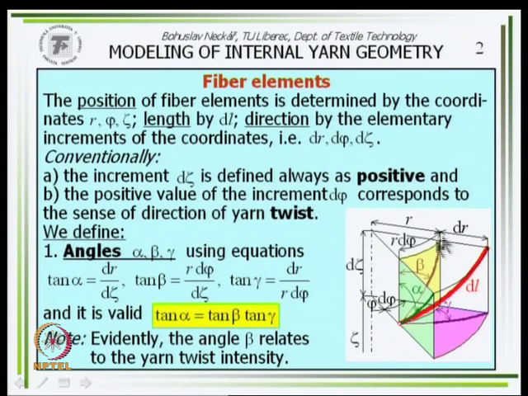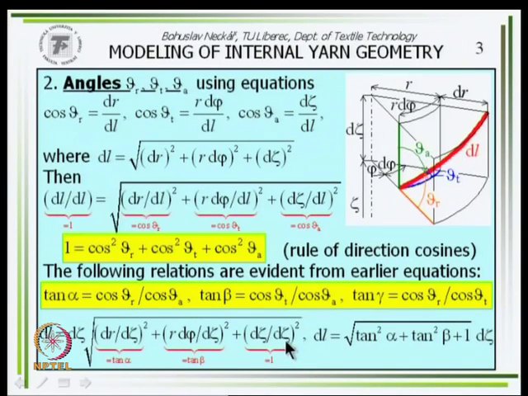Using these lengths, we can define three angles: angle alpha on the green wall, angle beta on the yellow wall, and angle gamma on this violet wall. It's evident that these three equations are valid, and from them it follows that tangent alpha is tangent beta times tangent gamma. A small note: this angle beta relates to the yarn twist intensity. We will speak about it later.